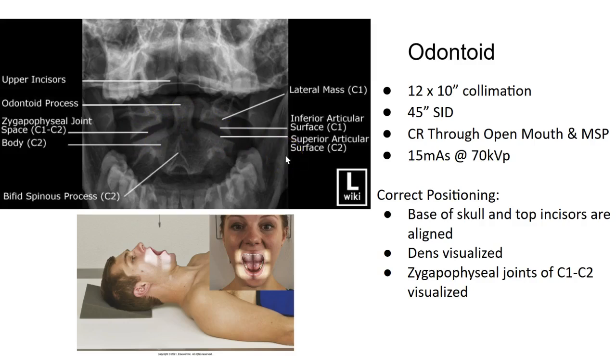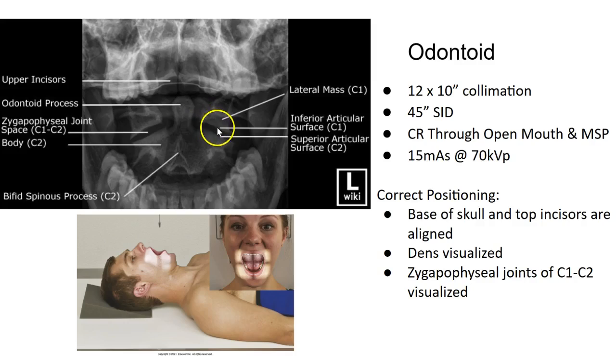Remember, we'll see the zygapophyseal joints between C2 and C7 on the lateral projection. So, if we spend a minute looking at this diagram, remember this is C1, the lateral masses of C1. Remember in C2 through C7, that chunk of bone is called an articular pillar.